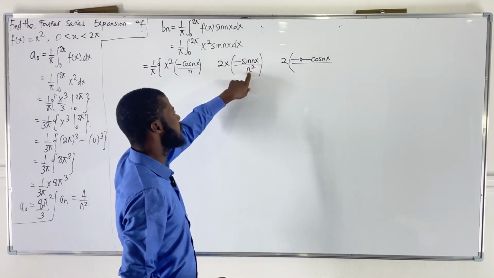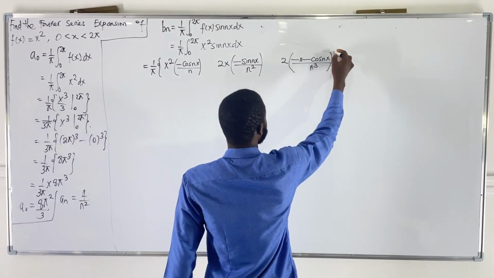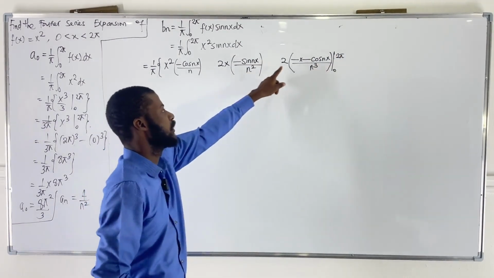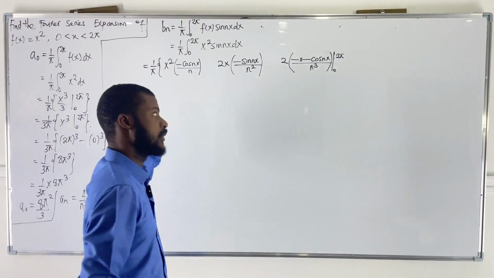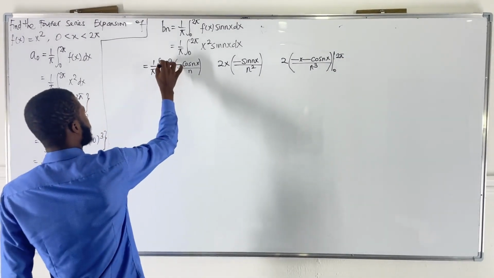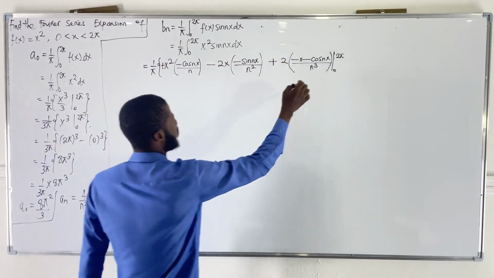That n will come and meet this n squared, so make it n cubed. Then you put your limit 0 to 2 pi. You must always divide by the derivative. That's how you integrate trigonometric functions. Then the sign will become plus, minus, plus. That's how the sign goes. Then you close this.